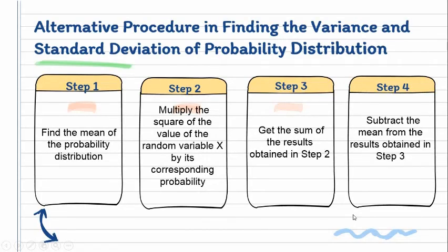There is an alternative procedure in finding the variance and standard deviation of a probability distribution. Let's try to have this example to understand it better.